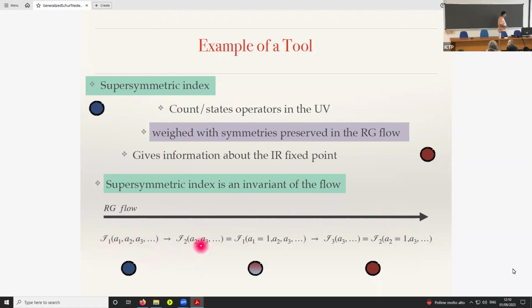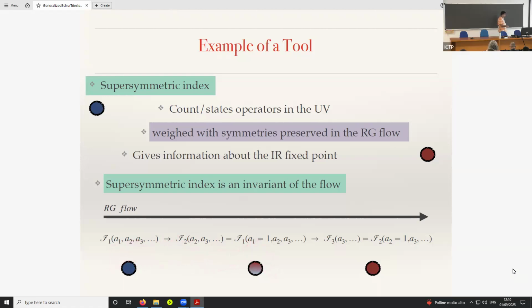And then we turn on some deformation which, say, breaks one of the U1s, say the one whose parameter is this A1. Then the only thing that we need to do is compute the index in the UV theory, and then we just set this parameter A1 to be equal to 1. Okay? So we compute it here.